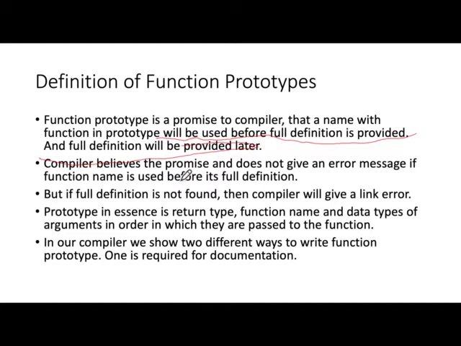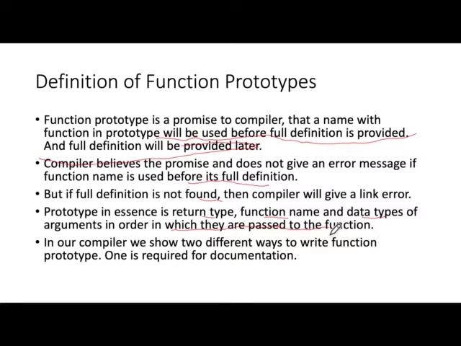Compiler believes our promise and does not give us a compiler error if function name is used before its full definition. But if full definition is not found, then compiler will give a link error. So prototype, in essence, is return type, function name, and data type of the argument in order in which they are passed to the function.